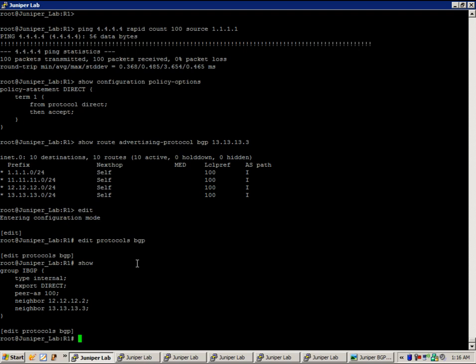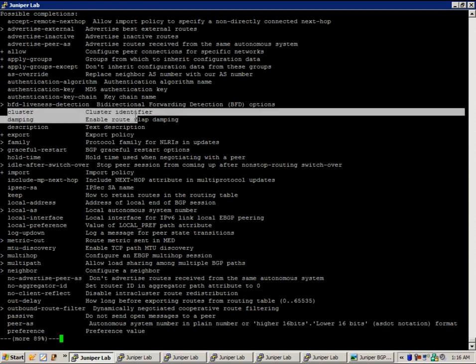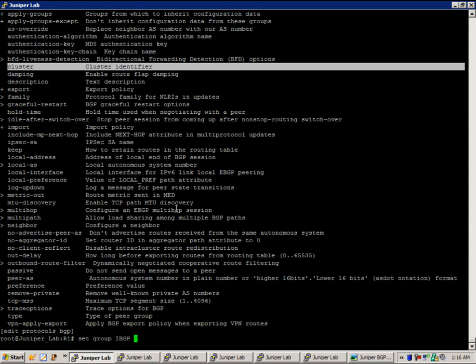And what we're going to see is that to configure router 1 as a route reflector, we're going to have to go under our group IBGP. We'll do the command set group IBGP. If we do a space question mark, we have the option for a cluster. This is the cluster identifier. And that's exactly the command that we're going to use to configure router 1 as the route reflector.